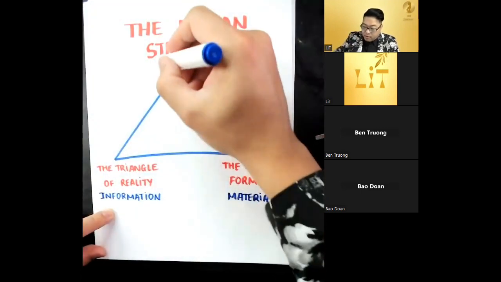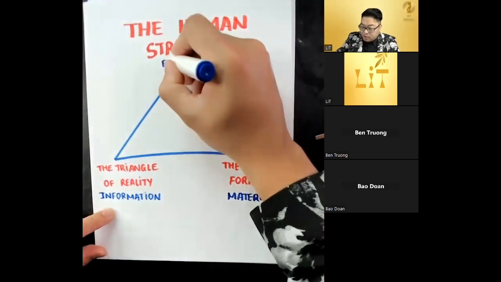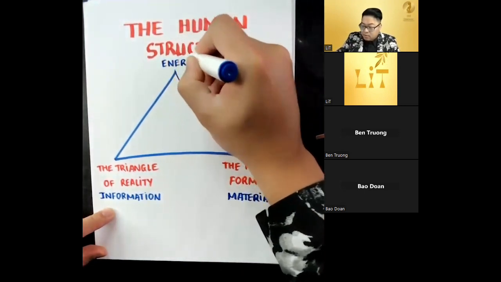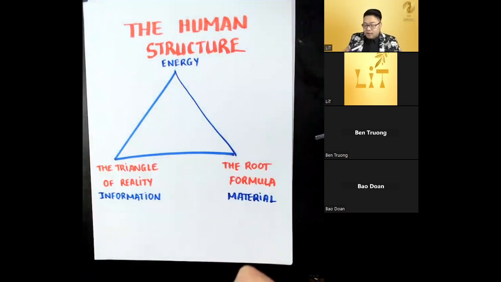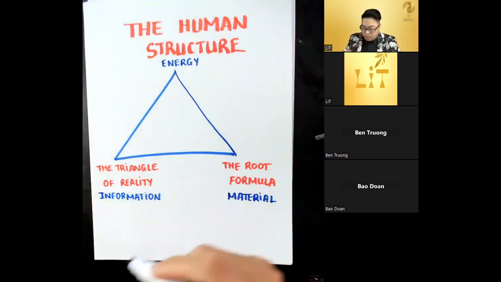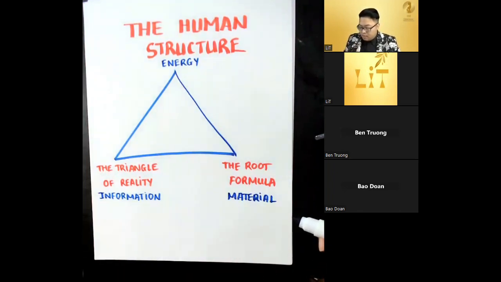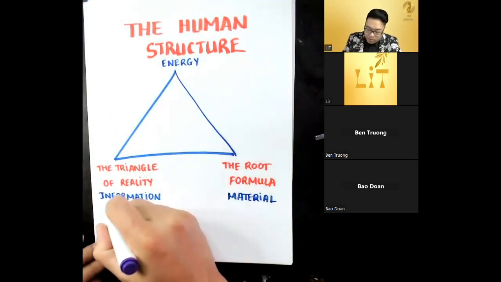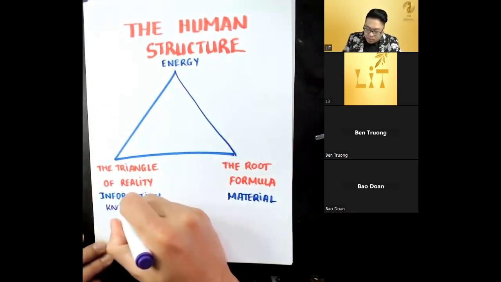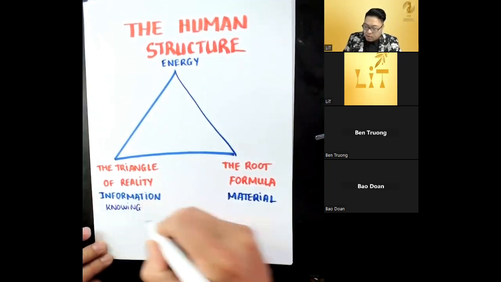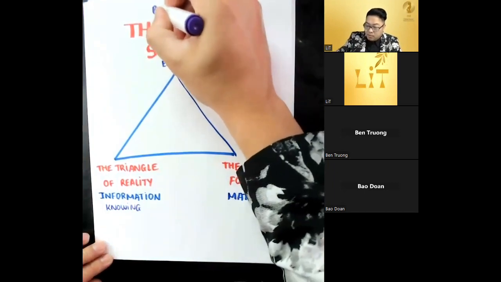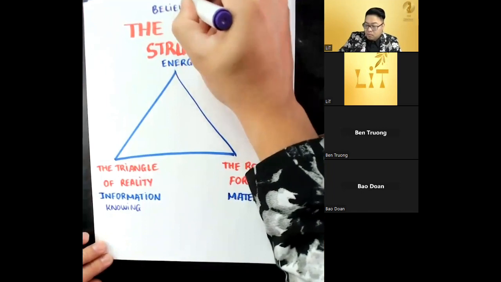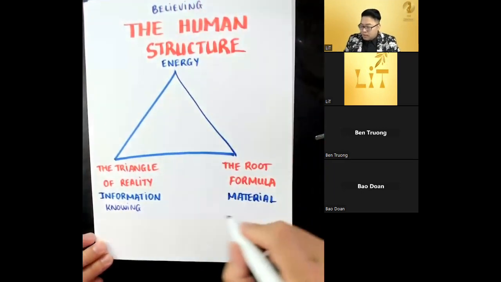And the triangle of reality also has the energy. The triangle of reality also tells us that we have to know: knowing the information, believing, and then understanding.